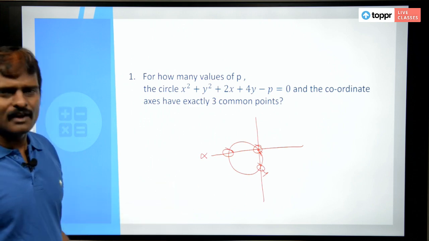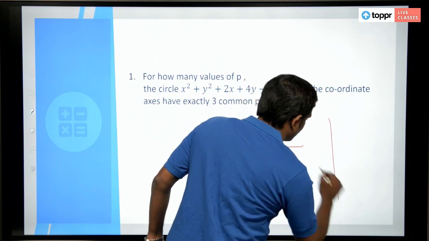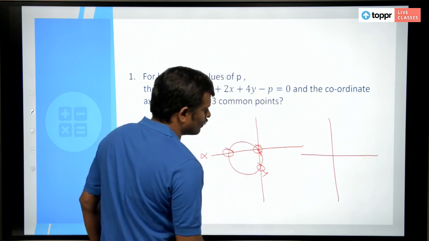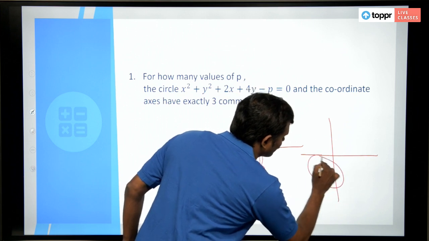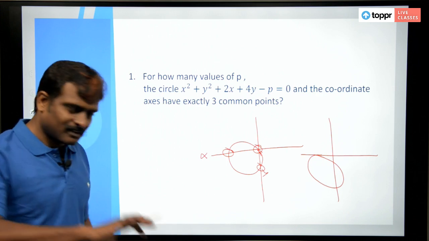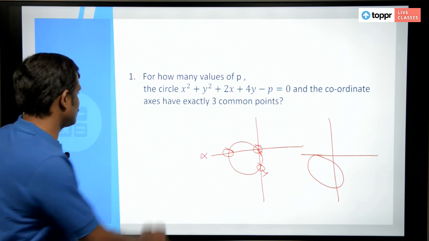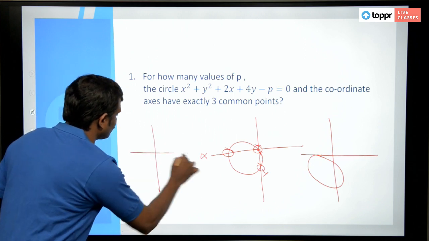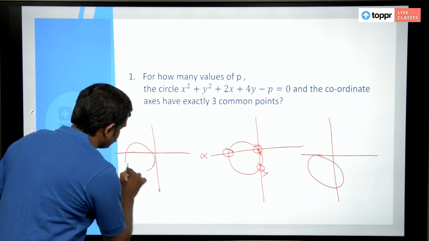Is it the only case or is there anything else? Let us see. The circle might touch the x axis and intersect the y axis, or it can touch the y axis and intersect the x axis.